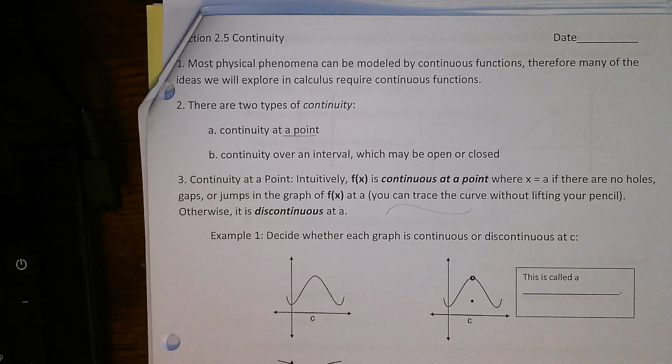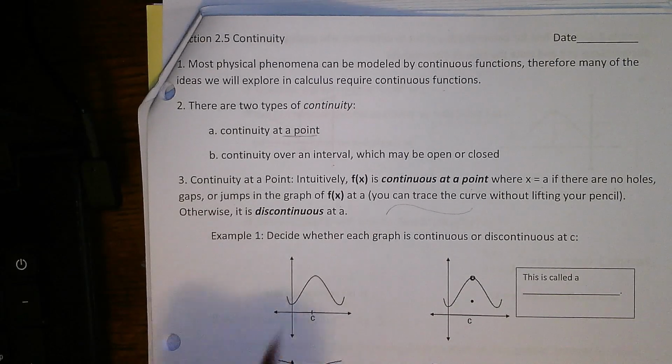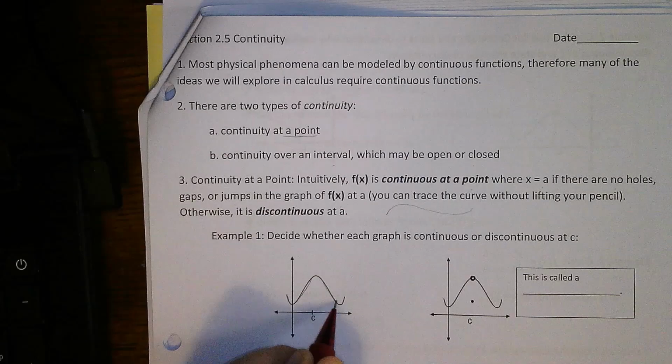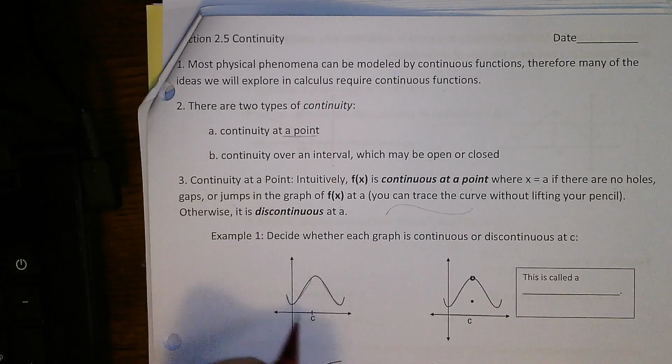So we can use that idea if we look at these four graphs where we want to decide whether each graph is continuous or discontinuous at a point C. So this first one, you can put your pencil down on the graph, and when you go through C, you don't pick your pencil up, so that one's continuous.